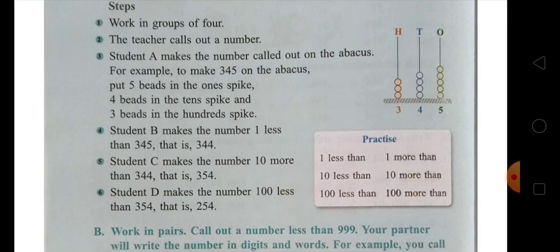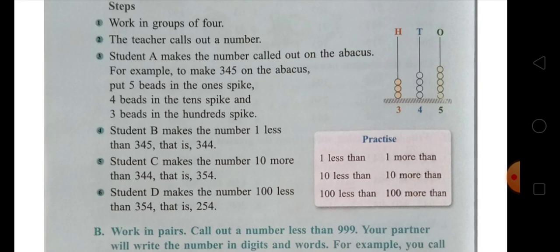Then the third student, student C, makes the number 10 more than 344, that will be 354. And now student D makes the number 100 less than 354, that is 254.